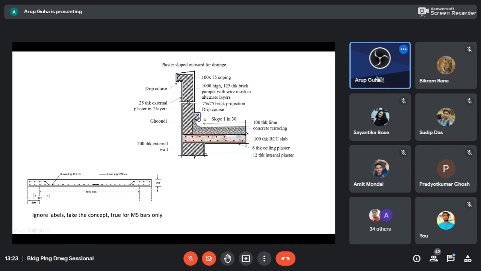So এই যে ইন্টারফেসটা between the concrete terracing and the RC slab and the parapet walls, that is hidden from weather action or rather the action of rain. মানে এইখান দিয়ে জল চুইয়ে ঢুকে যেতে পারে, so water cannot percolate if this thing is hidden. So this thing is called a ghundi.